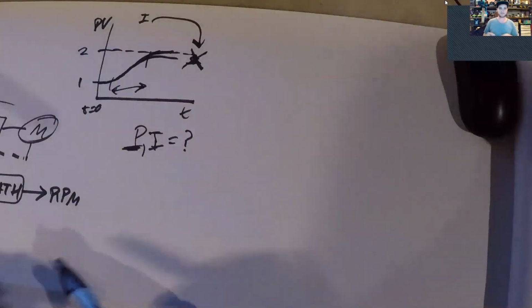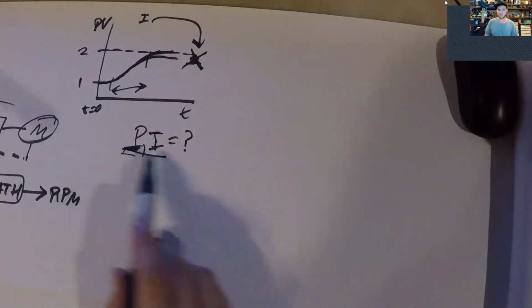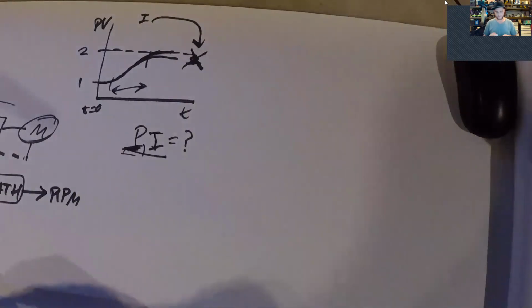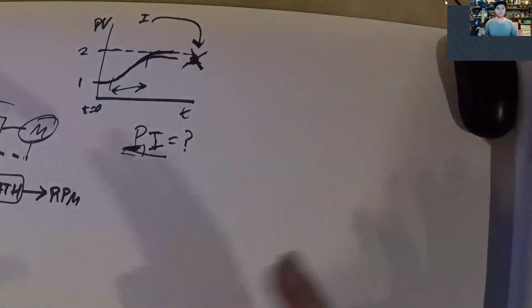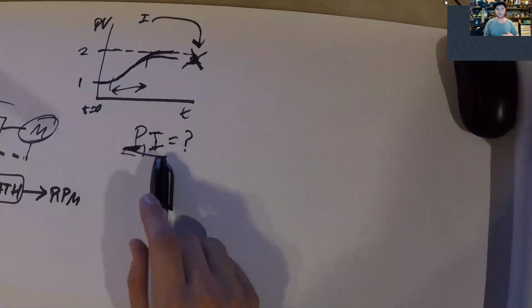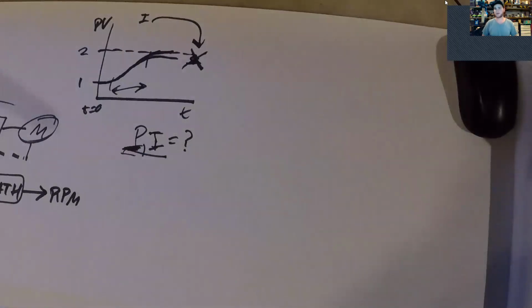There's all kinds of techniques you can use to determine these values. Generally speaking, for something super simple like us, we're just going to set P and I to 1, I think.